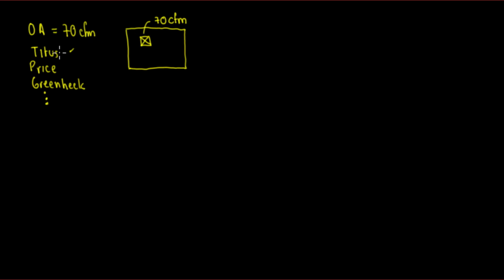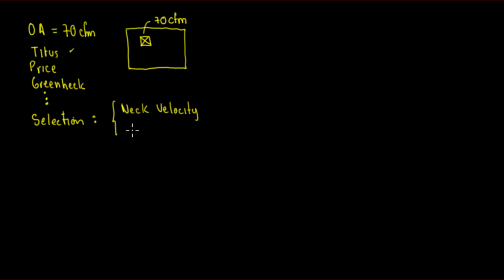So for diffuser selection, I'm going to put down a few guidelines. We need to check the neck velocity. Something that is recommended is 500 FPM or below.